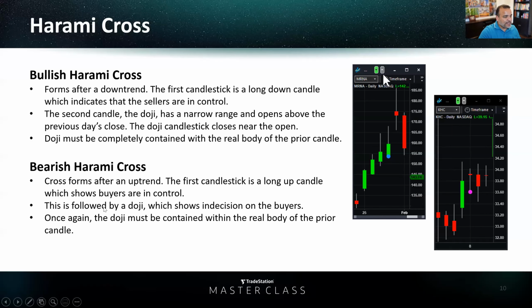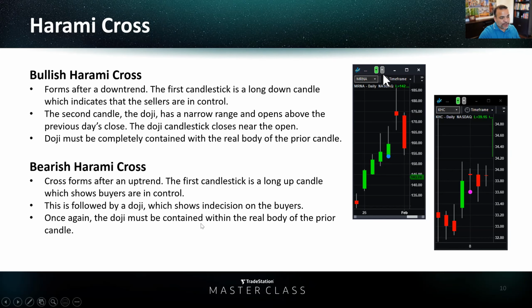But then this is followed by a doji, which shows indecision on the buyers. Whenever you have a doji, the bar opens and closes at the same level. So the movement up and down, creating these wicks up and down, is not sustained. The pressure's not as strong as when it first opened. It kind of just fell flat, which is a doji.